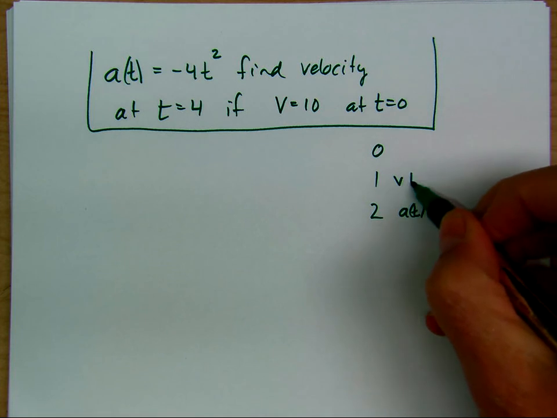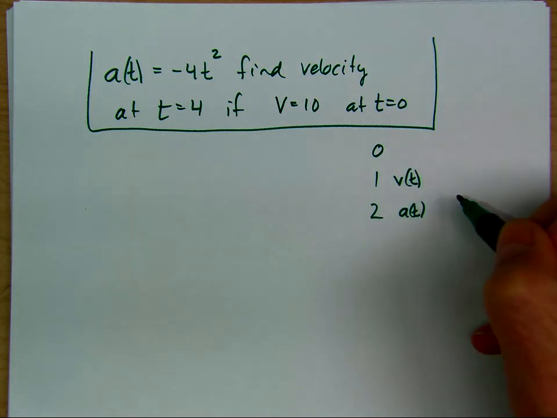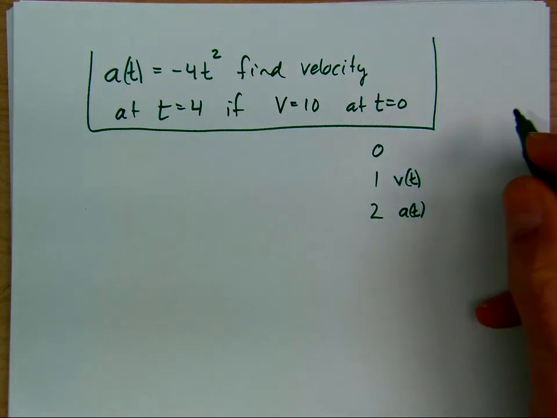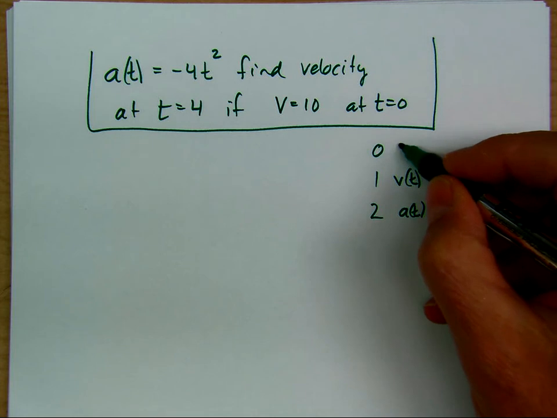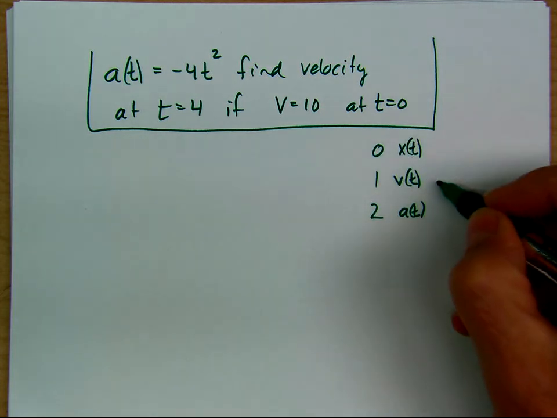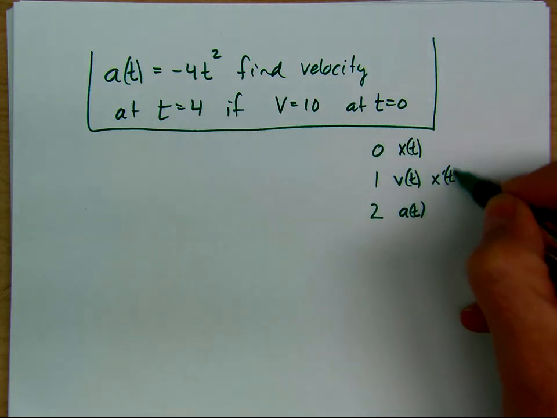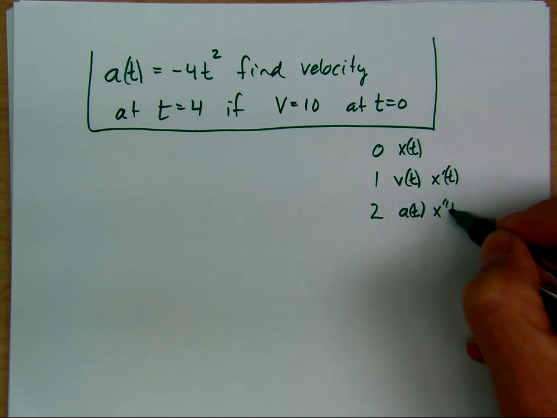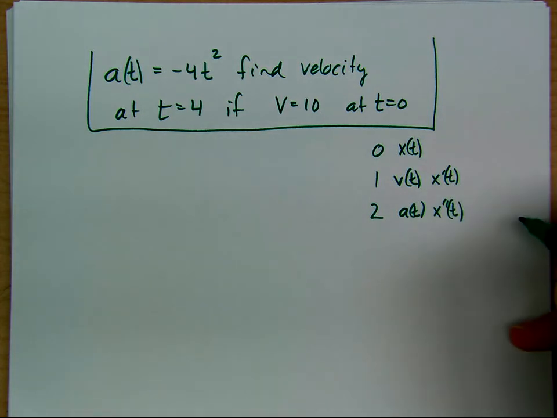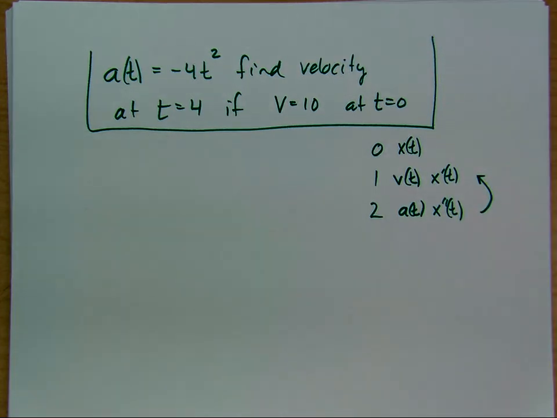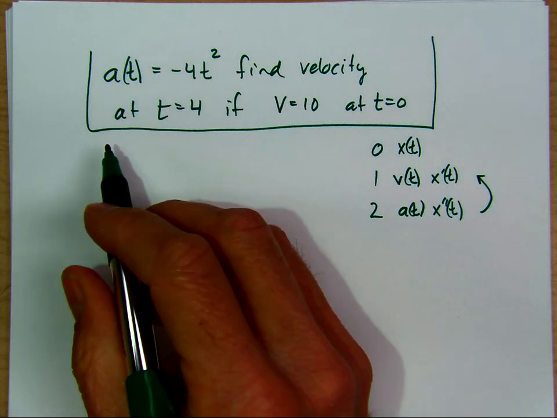Find velocity. And if the object is moving horizontally, we would say that this would be x of t. We don't need it for this problem, but we can talk about that notation also. We're starting on acceleration and moving to velocity, so we know we need the antiderivative.